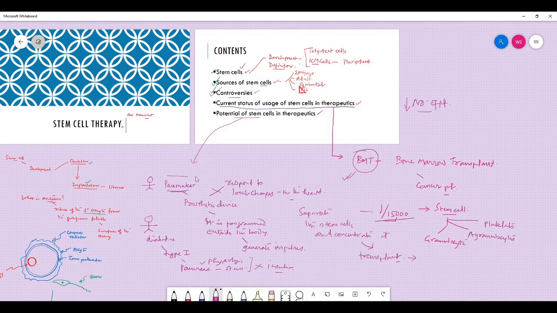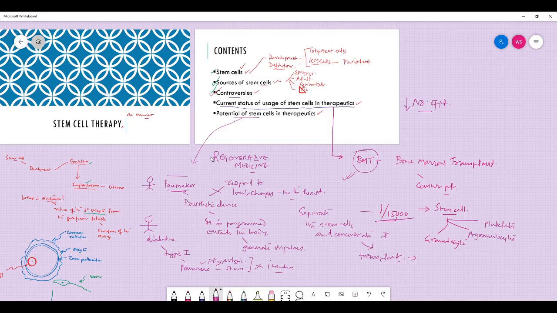So this area of research is called regenerative medicine, where you can grow spare parts for the body. Someone has lost a leg and has a prosthesis; you can make a new leg.